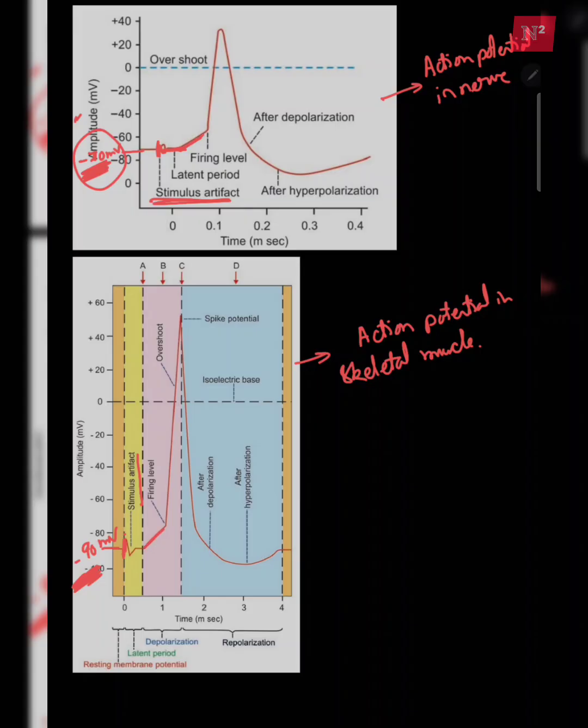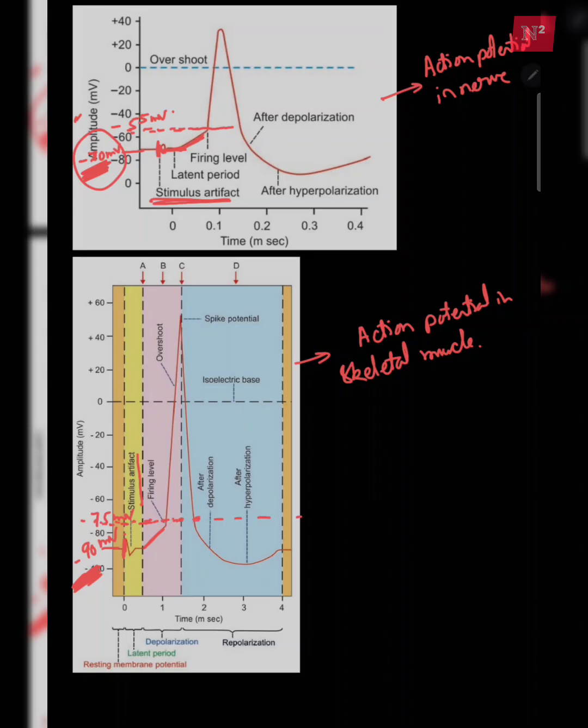So it will keep on moving till it reaches a threshold of minus 55 millivolt in case of the nerves. In case of the muscle, minus 75 millivolt. So this is the least voltage that is required in nerve and muscle in order to achieve the action potential.